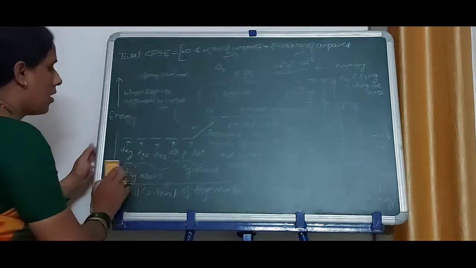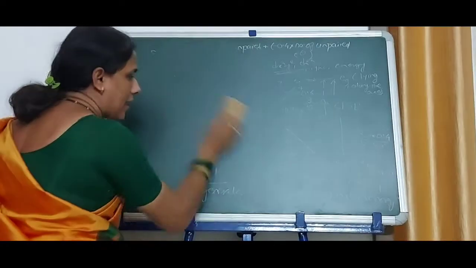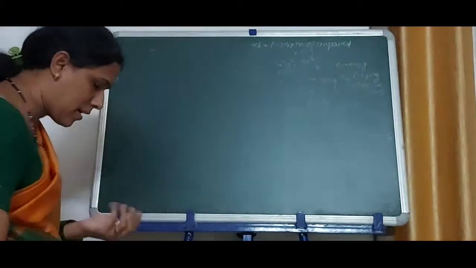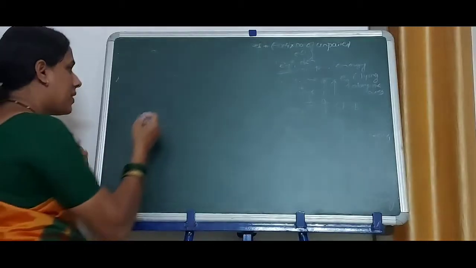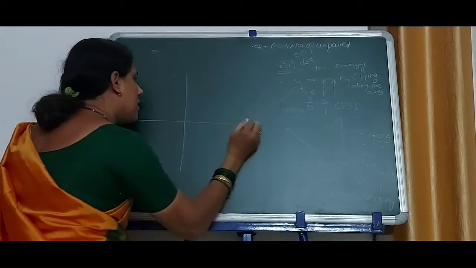Now, the 3D diagram for this octahedral complex is like this. See here, again I am drawing this diagram. See here how the 3D diagram can be drawn.